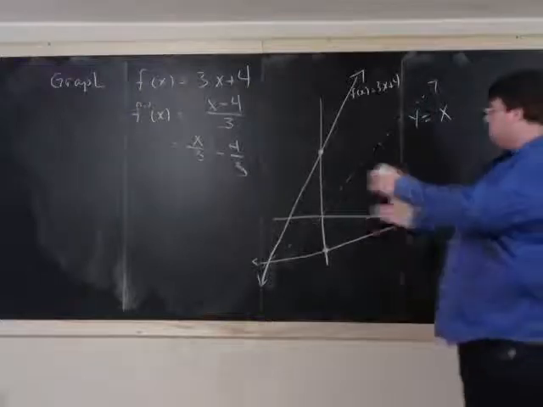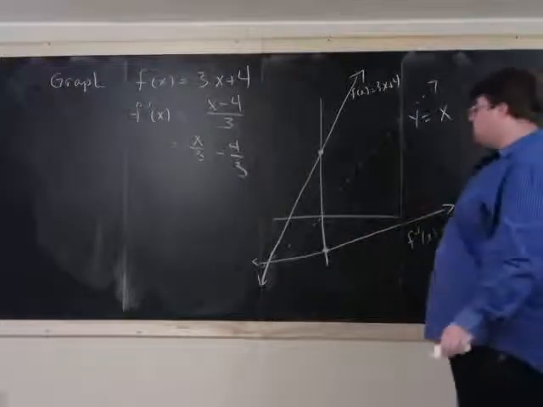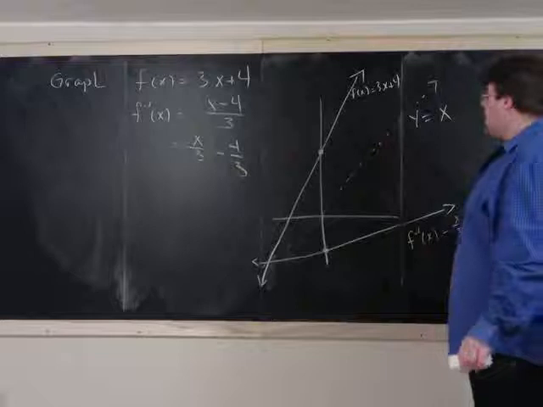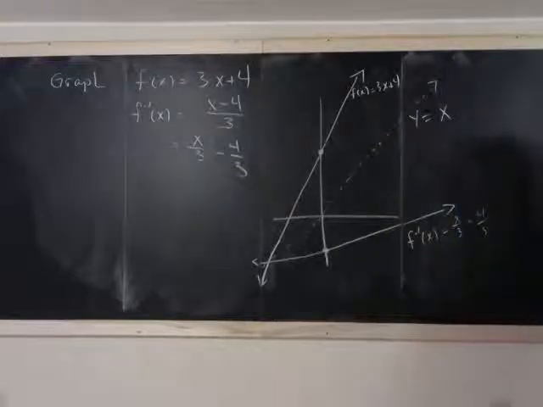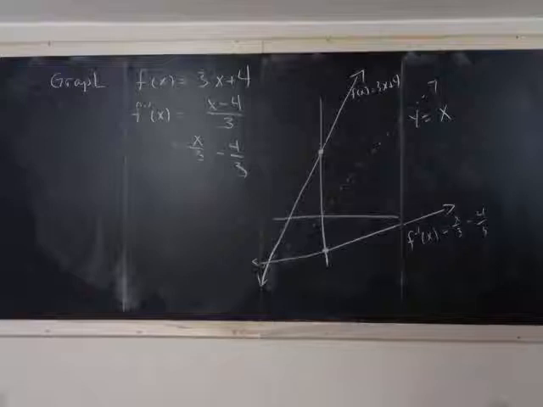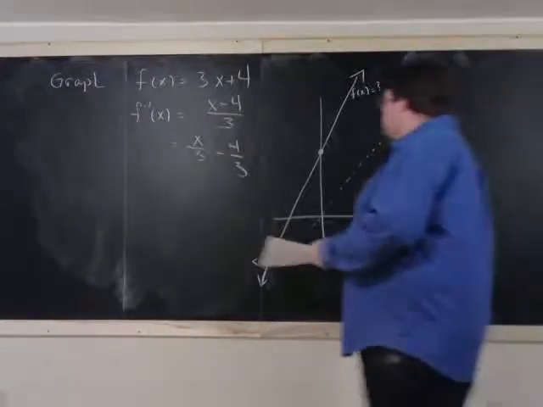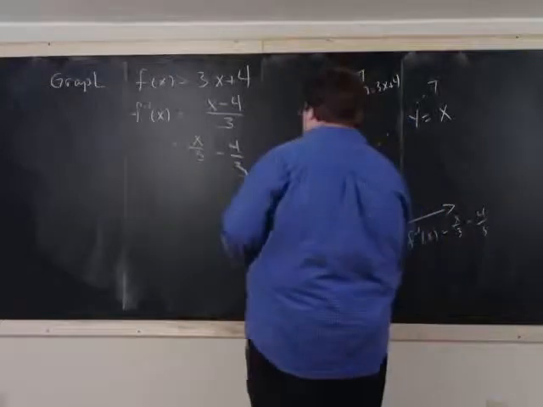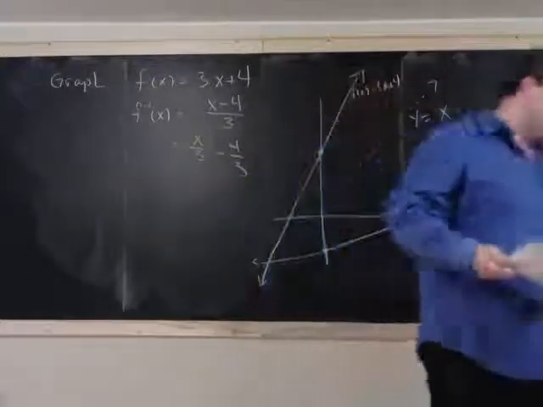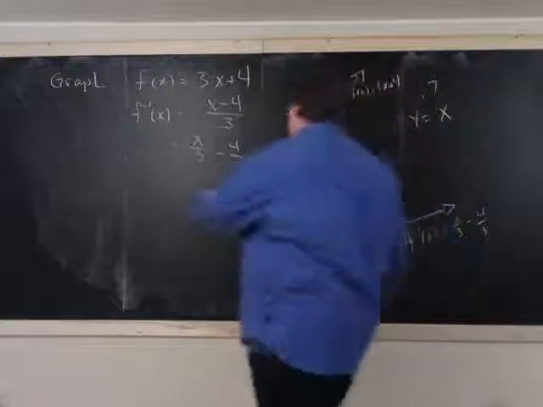So if you fold your graph, or fold your paper over on y equals x, these two lines will overlap. And that's a convenient theorem. So let's write that as a remark. I'm going to erase this and then write the remark. Remark.